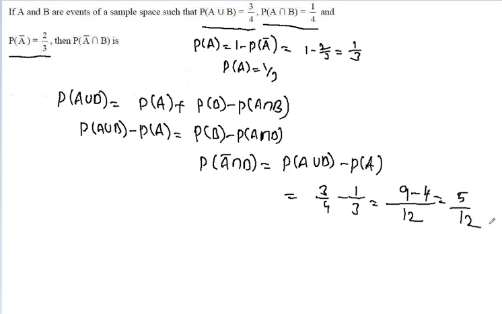Therefore P of A bar intersection B is equal to 5 by 12.